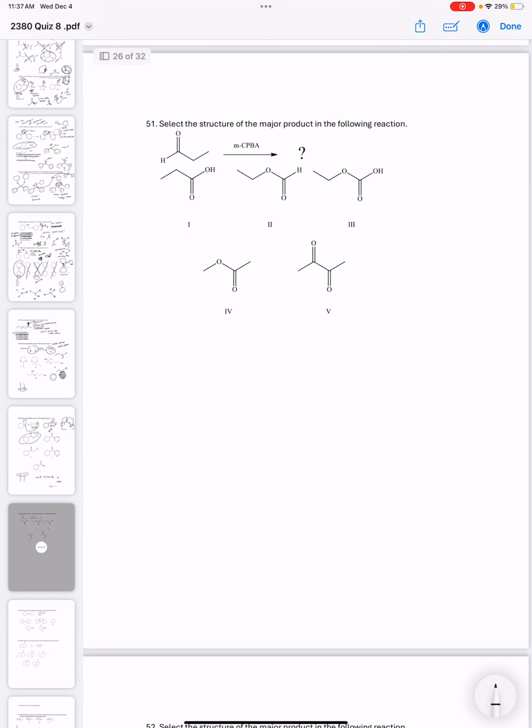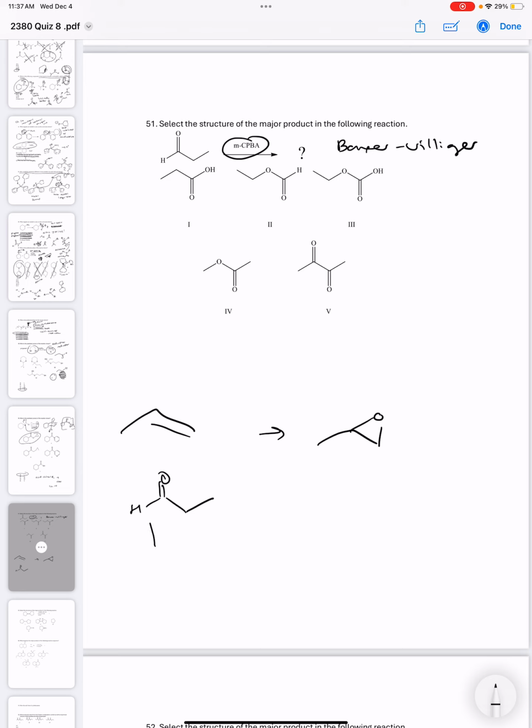Okay. This is a Baeyer-Villiger oxidation, and MCPBA does one of two things. If you have an alkene, it will turn it into an epoxide. If you have a carbonyl, it will insert oxygen on one side of the carbonyl or the other. And you have to learn the migratory aptitude.